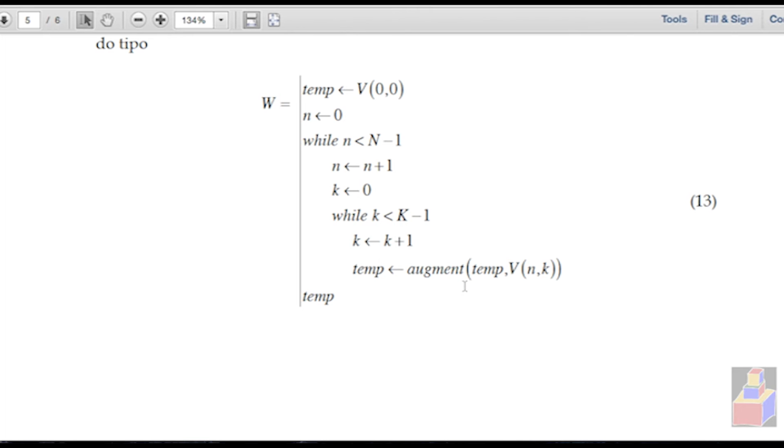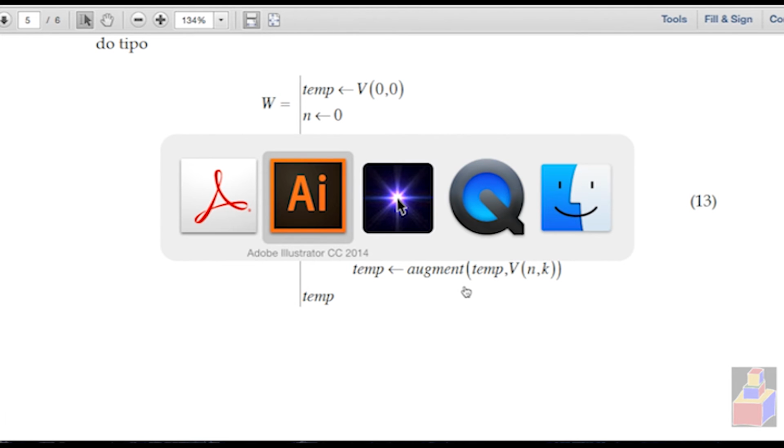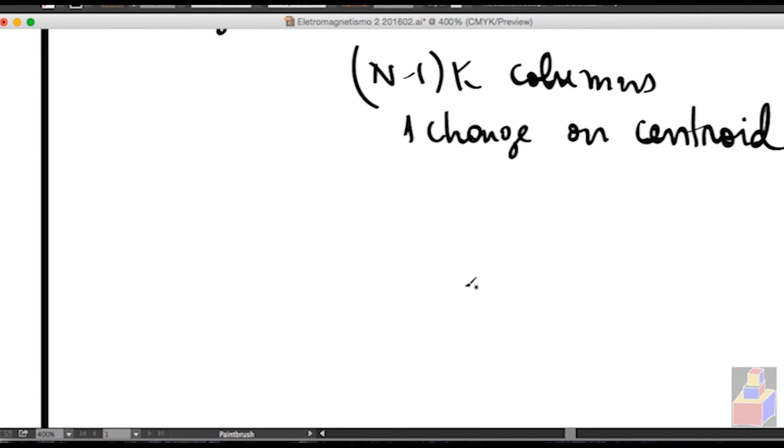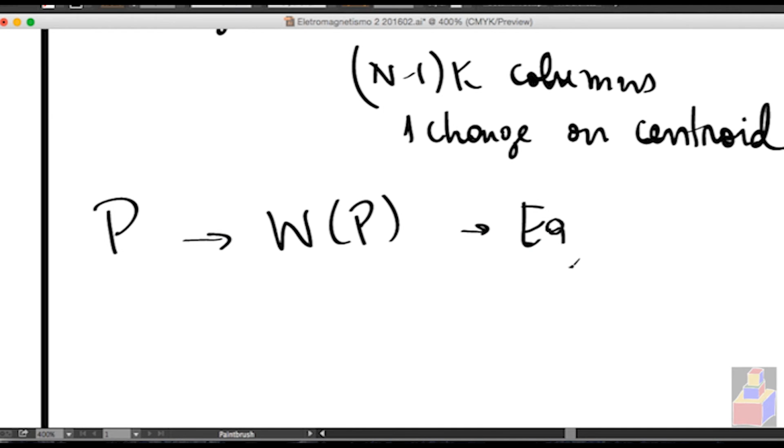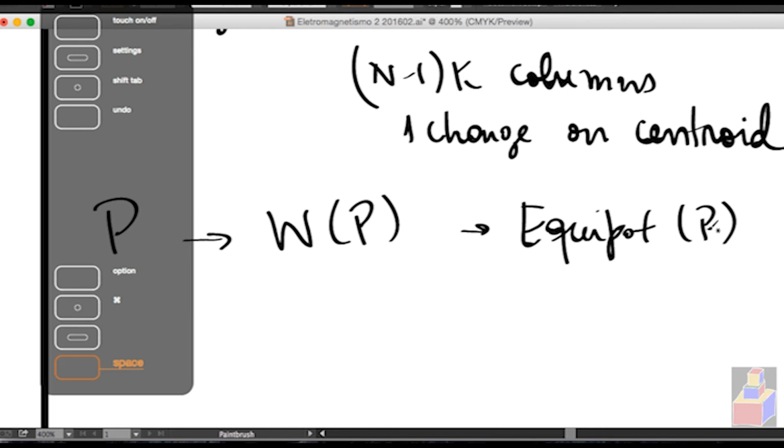Okay. So at the end, you have those 2 blocks that you have to calculate. Given P, you are going to calculate WP, which is initial coordinates of all equipotential lines. And from that, you calculate equipot of P, which is all the coordinates of all the equipotential lines of the system.